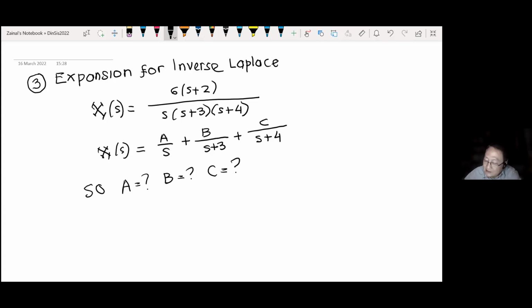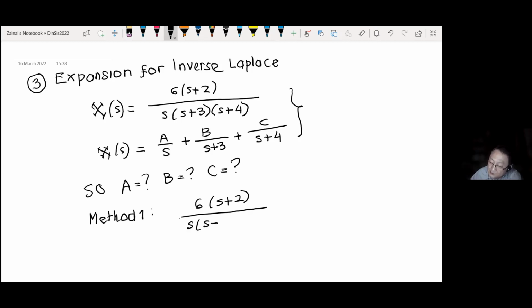Okay, this is method 1. How to find ABC? Look, 6 multiplied by S plus 2 divided by S, S plus 3, S plus 4 is identical.